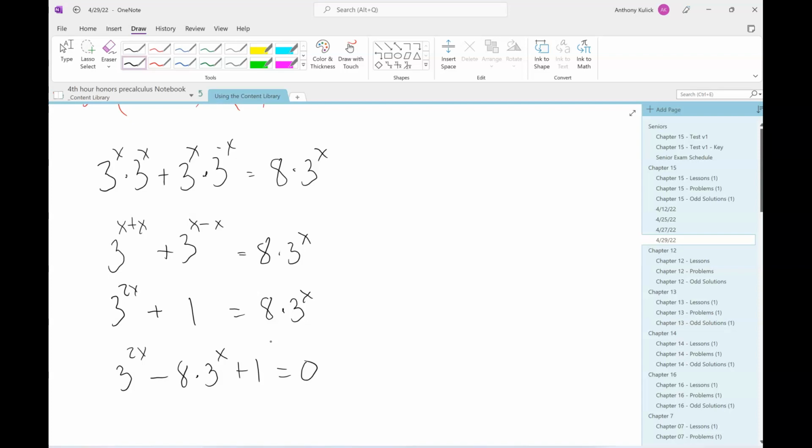This is in the quadratic form. I don't see it, Mr. Kulik. Well, let me remind you. We have this property of exponents. The exponent of an exponent multiplies.